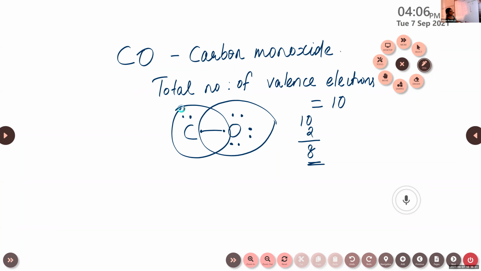Valentina? Adding 2 more electron pairs. Yeah, so we can give these 2 electron pairs shared between carbon and oxygen, right? Then it will become C triple bond O. Then 2 electrons here, 2 electrons here. This is the Lewis structure of carbon monoxide. Clear?